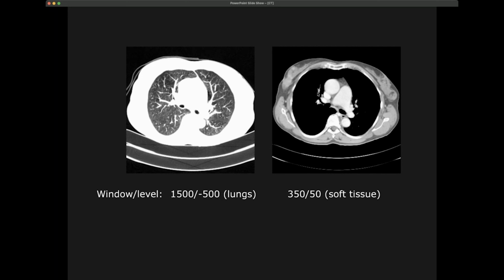If, on the other hand, we want to look specifically at the lungs, we can look at the values that are specific for the lungs. We can do these settings. What you then see is you nicely see the lungs, and you see the airways in the lungs. But of course, then you don't see the rest anymore. What you also see now is that you emphasize these structures around it. These are actually parts of the scanner.